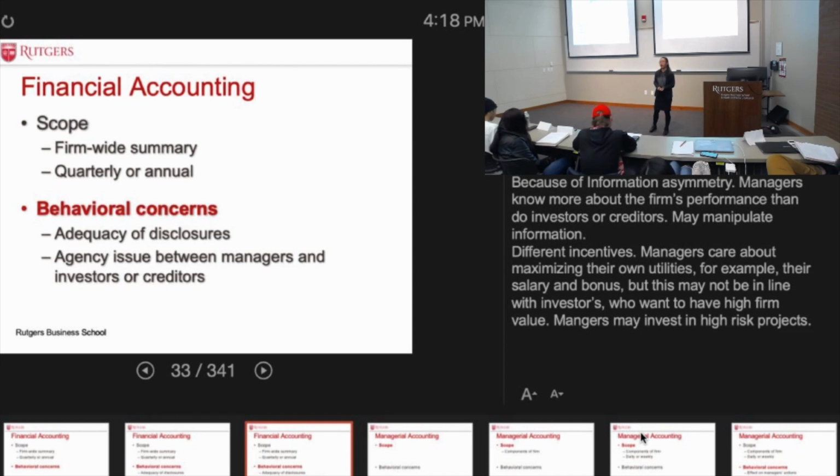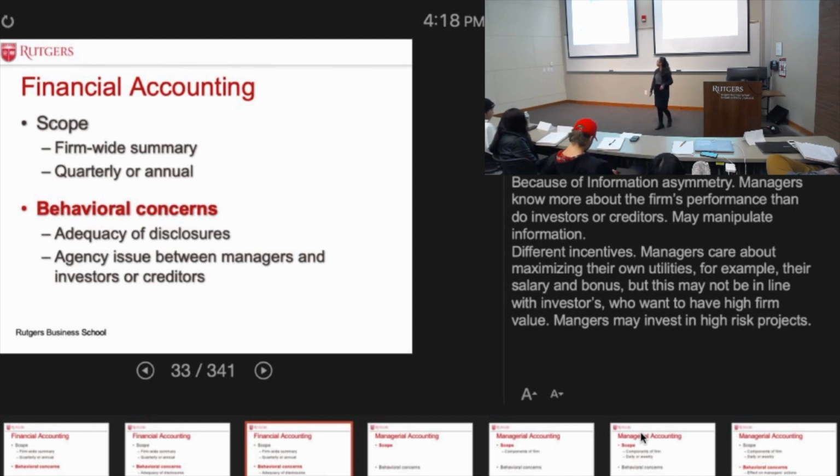Let's say the firm has some assets that need to be put on the balance sheet, but sometimes the firm puts a higher number on the financial report. And also sometimes they miss something on the financial report. So here we care about whether the information is adequate on the financial reports.